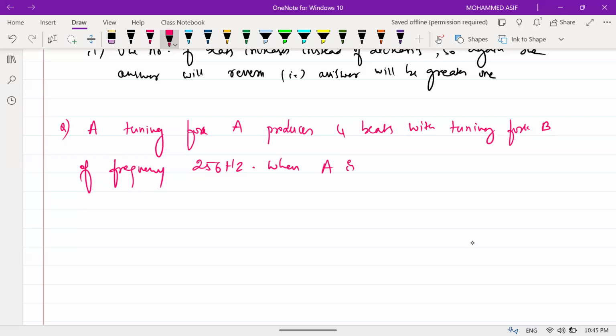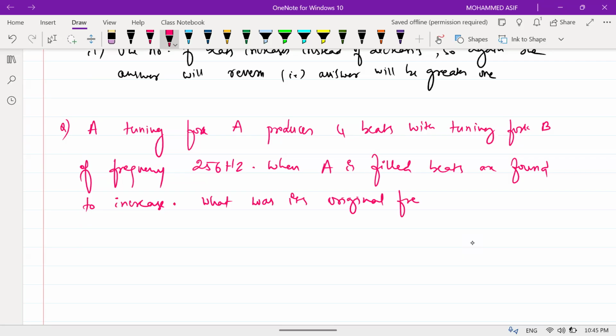When A is filed, beats are found to increase. Okay. Now tell me, what was its original frequency? Good question. Give the options: 252 hertz, 260 hertz, 256 hertz, and 250 hertz.